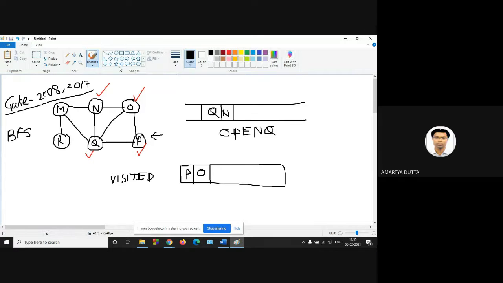Q will be deleted. So delete Q and insert Q here.